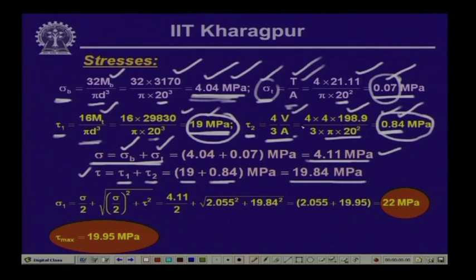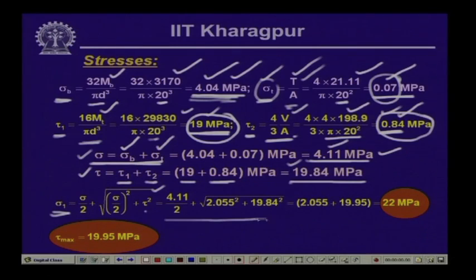Now, once we have this value of sigma and tau, we can substitute these values in this expression, or we can plot them in the Mohr circle to get the value of the maximum normal stress sigma 1, which is equal to sigma by 2 plus root of sigma by 2 square plus tau square, sigma being 4.11 and tau being 19.84.